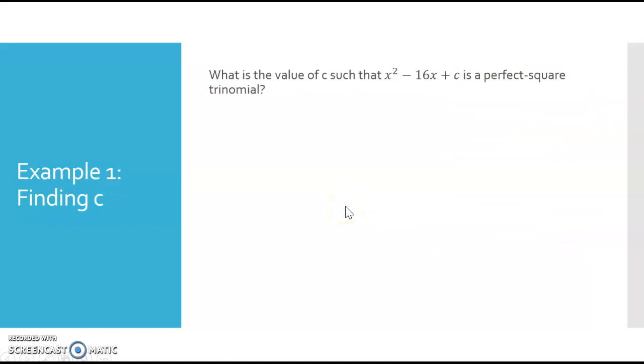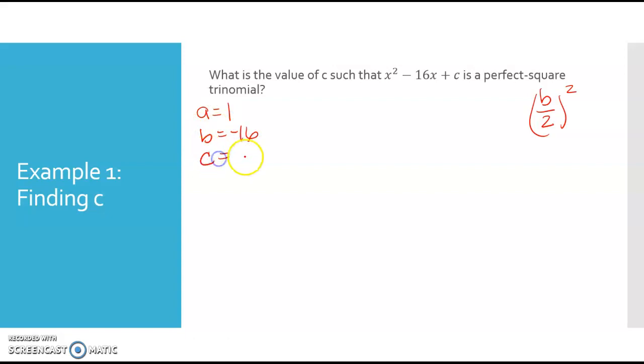All right, so first problem. We want to know what is the value of c such that x squared minus 16x plus this c is a perfect square trinomial. And so all it's asking us to use is this b divided by 2 squared. So just like before, what is a? A is 1. What is b? It's a negative 16.